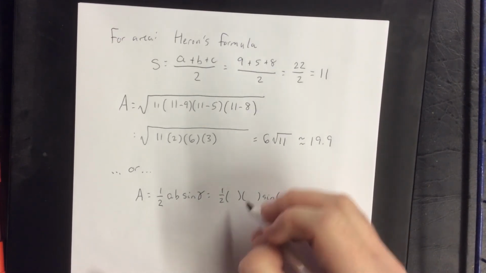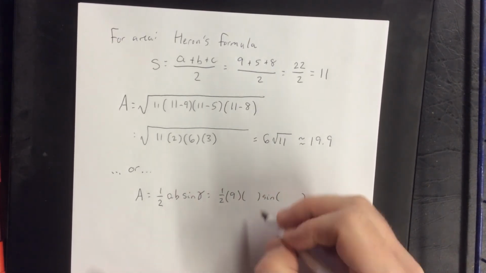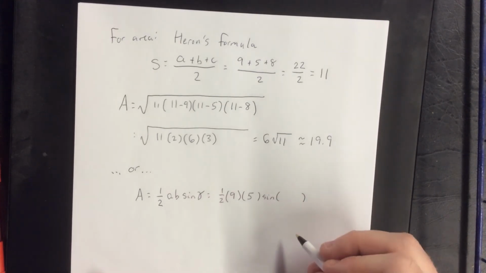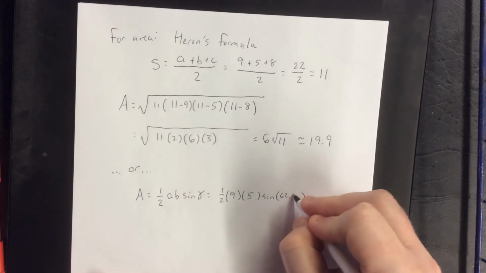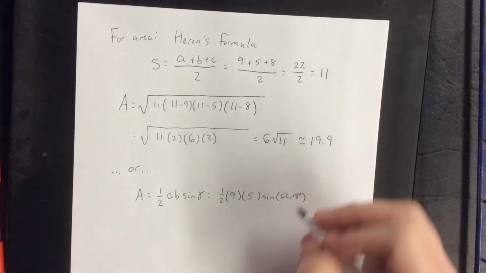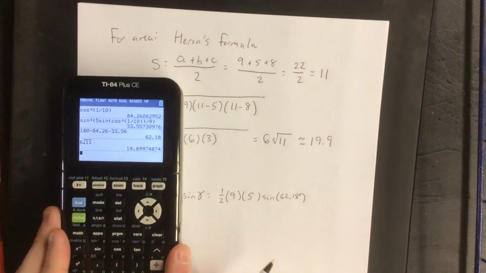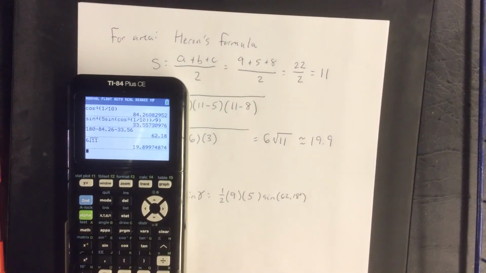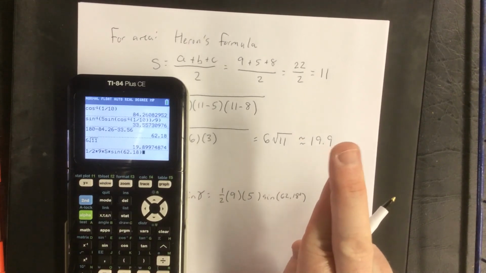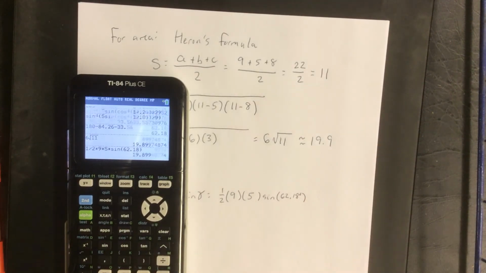A was 9, B was 5, and what we got for gamma right at the end was 62.18 degrees. Let's go ahead and toss that into the calculator and see how the results match up. So 1/2 times 9 times 5 times the sine of 62.18.